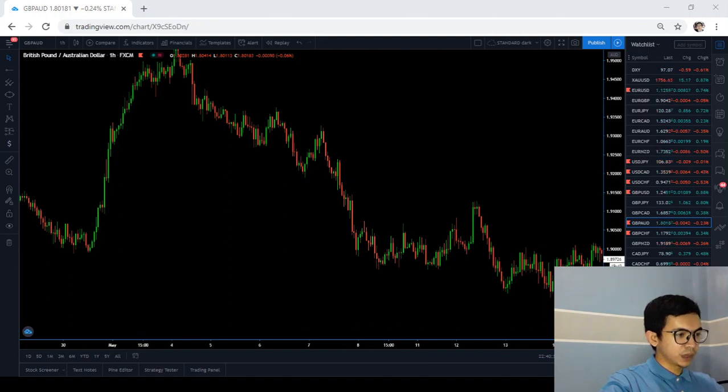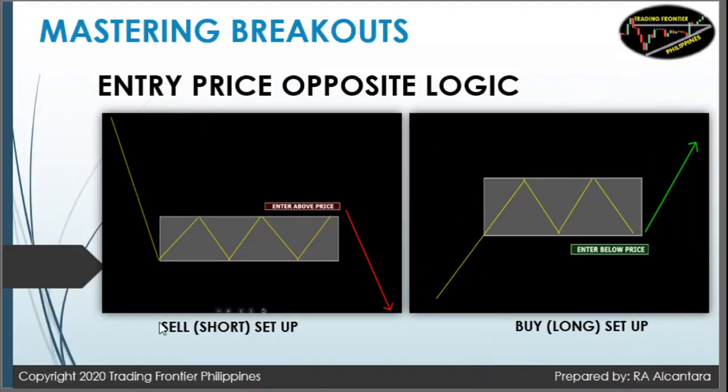Again, we go back to the presentation for the buy setup. Alright. So, ganun din sa buy. After a strong move impulse going up at nagkaroon ng consolidation, clear consolidation, you expect the market to go up even further. So, anong gagawin natin?